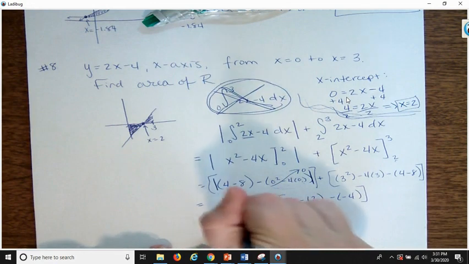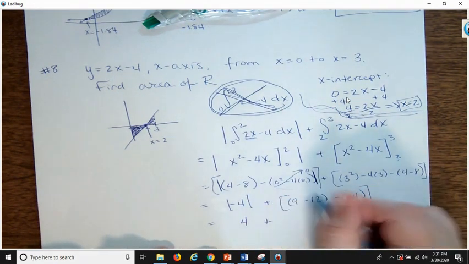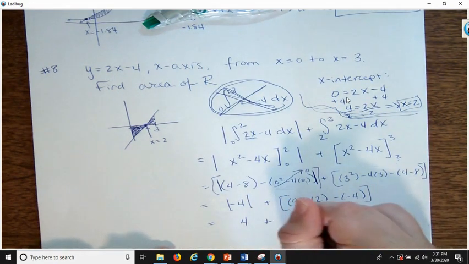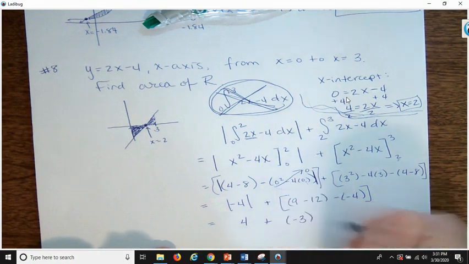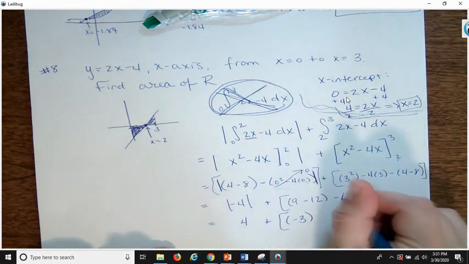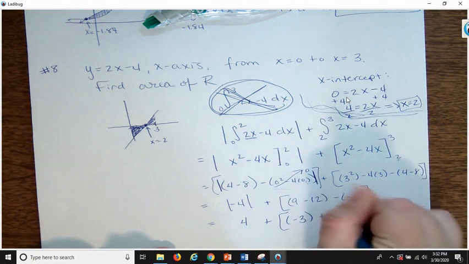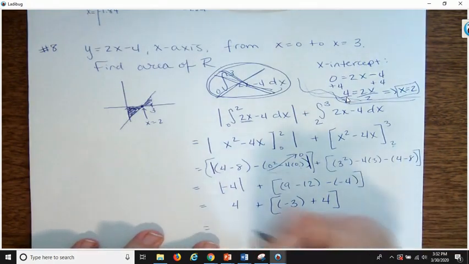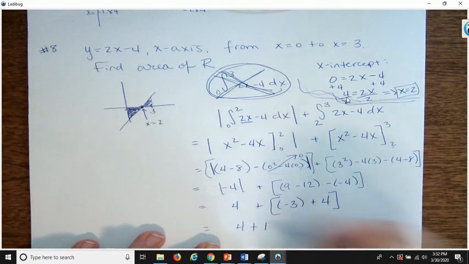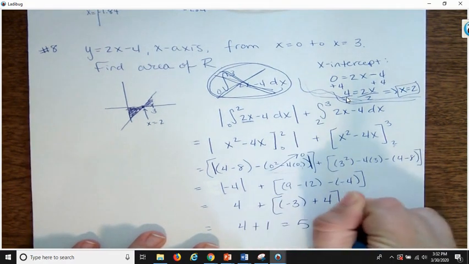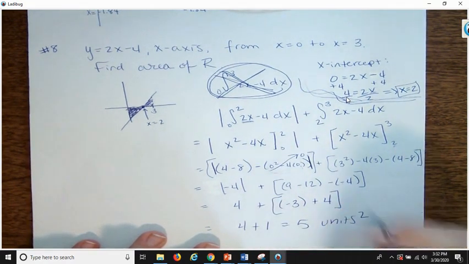So this is going to end up being +4. 9 minus 12 is -3, and then minus -4 is +4. -3 plus 4 is 1, so I'm going to have 4 plus 1, which is 5 units squared.